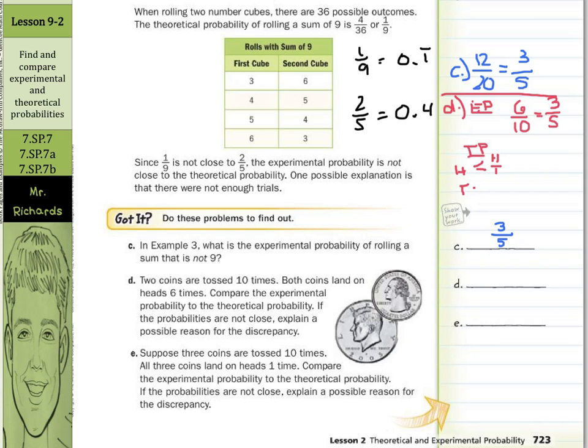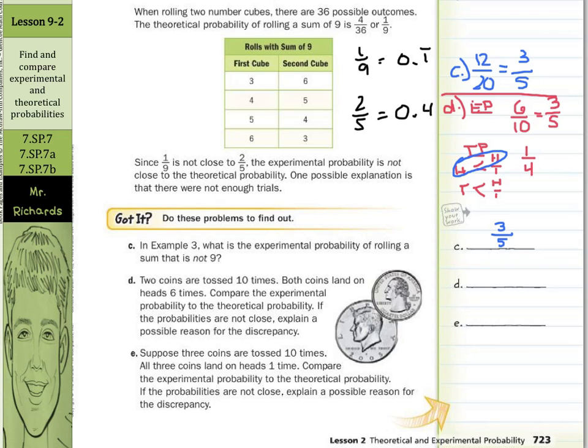And if you got a tails the first time, you could still go heads or tails for the second. And so you could go heads heads, heads tails, tails heads, tails tails when you flip 2 coins. So what's the theoretical probability of getting 2 heads? Well, that would just be 1 out of the 4.